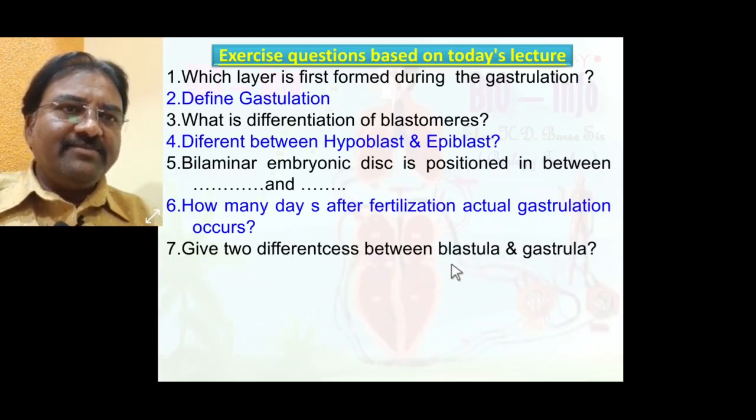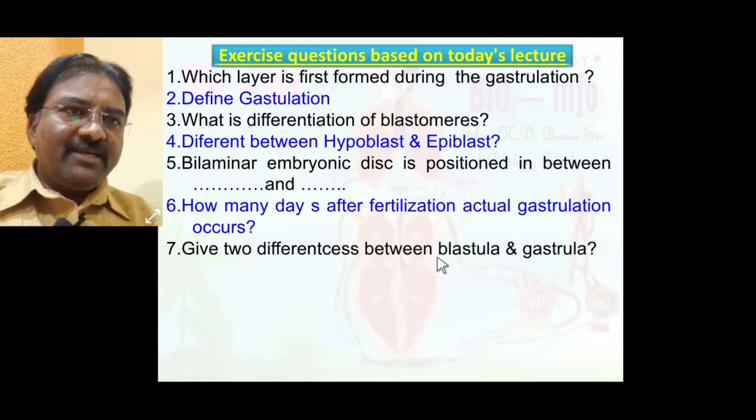Give two differences between blastula and gastrula. Blastula is developed from morula and gastrula is developed from blastula. Also, the blastula is a hollow ball-like cavity containing the blastocele, covered by trophoblast cells, with the inner cell mass, embryoblast cells, inside it.